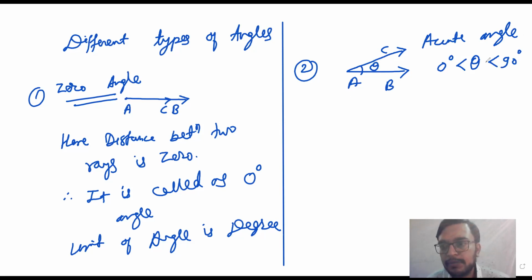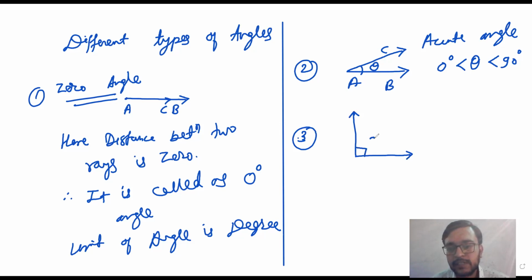Now what is meant by 90 degree? The 90 degree angle is called a right angle, in which two rays are perpendicular to each other. Here the measurement of angle is 90 degree. In an acute angle, this angle is less than 90 degree and greater than 0 degree. As you can see, in a zero angle the distance between two rays is 0, while here it is somewhat greater than 0 but less than 90 degree.